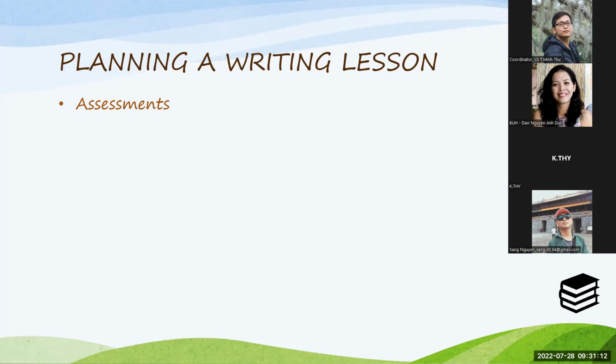We have some more ideas here. Show it to the student before they write. You mean that we show the rubric to the student before they write? Okay, sure, because students need to know what they will be evaluated for, how they are going to be evaluated.